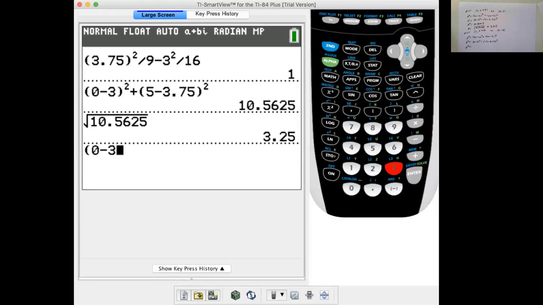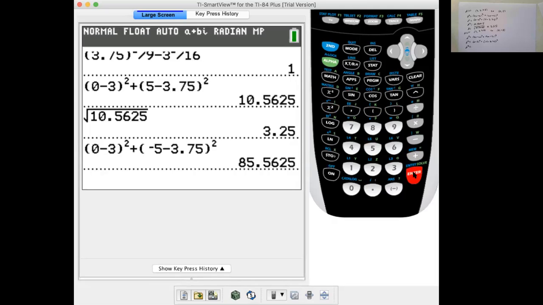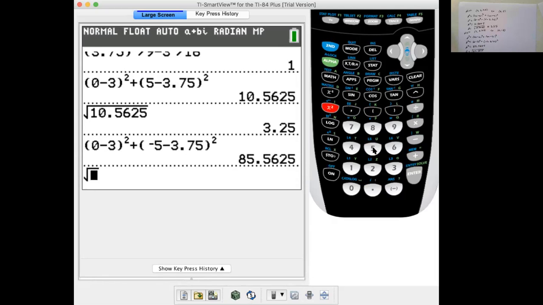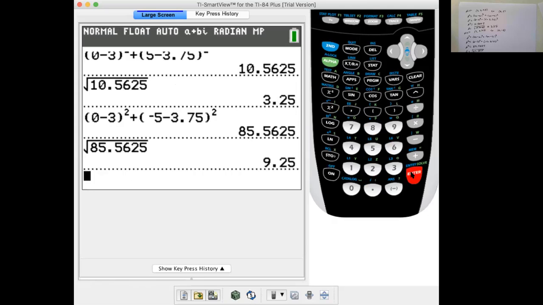We get distance squared is 85.5625. So the distance is the square root of that. What do we get? You get 9.25.